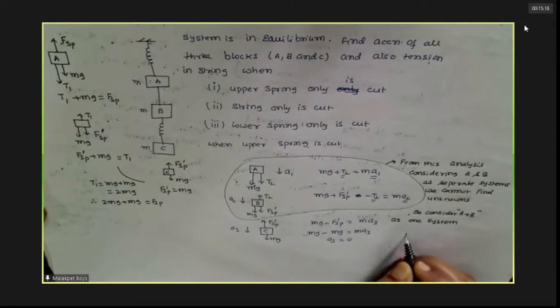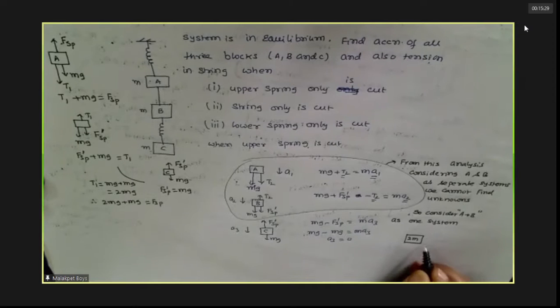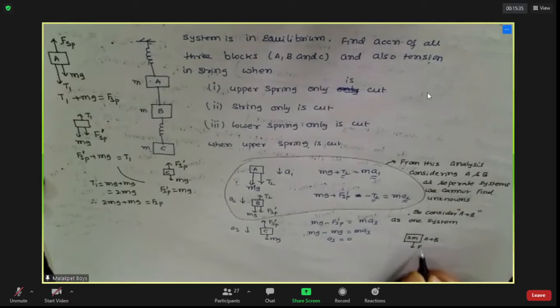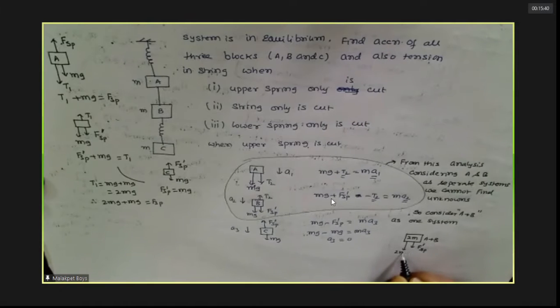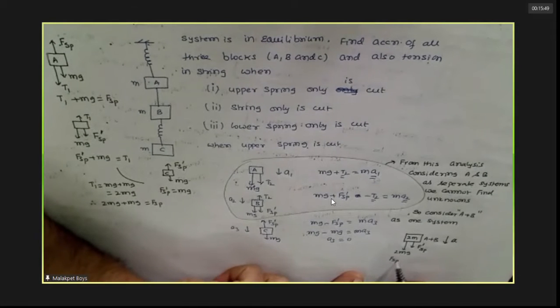Therefore, if you take A plus B as one system, what is the mass of this? 2m, no? Agreed. Anyhow, the spring force is not there. This is the spring force, and this is 2mg. This is the acceleration of the system. So here you have Fsp dash plus 2mg is 2m into A. SP dash is nothing but mg.